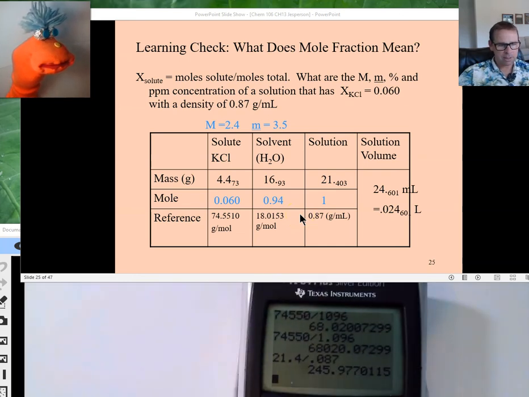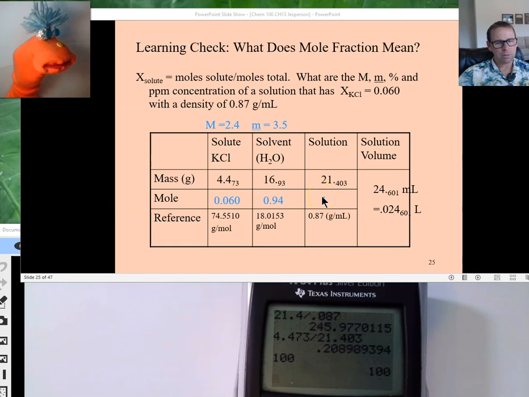Should be mass of solute 4.473 divided by mass total 21.403. All right. And then times 100, gives 21% mass solution. Okay, good.